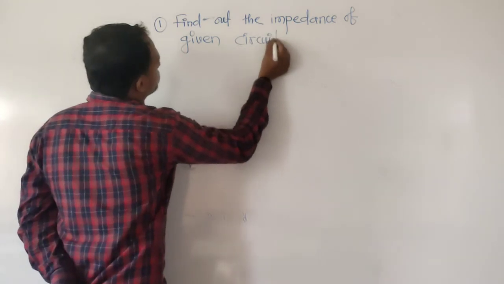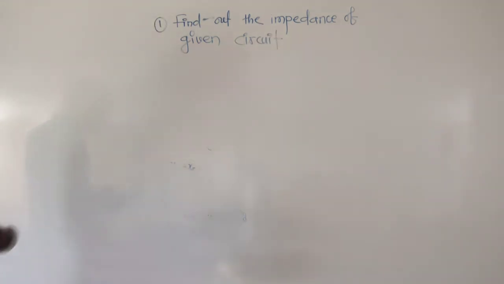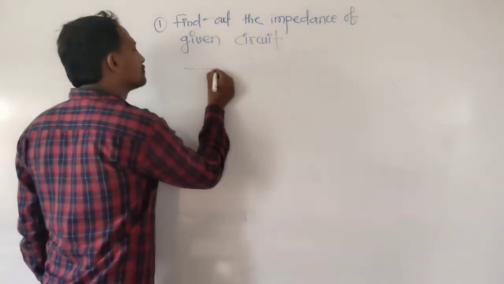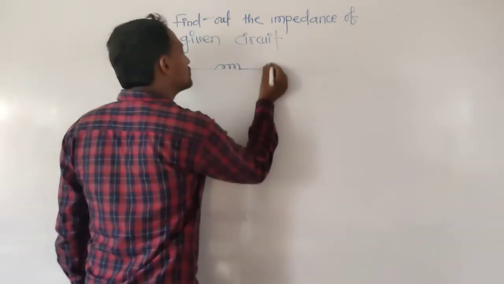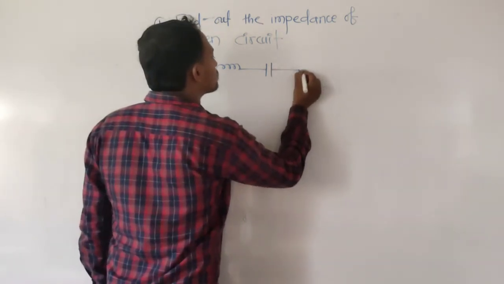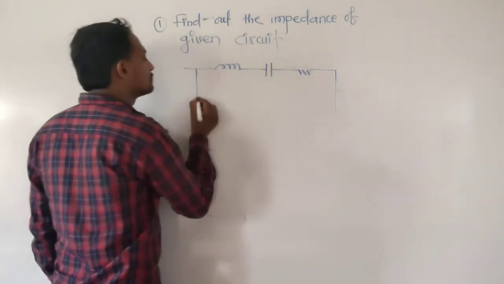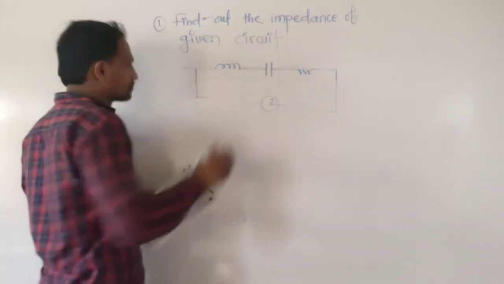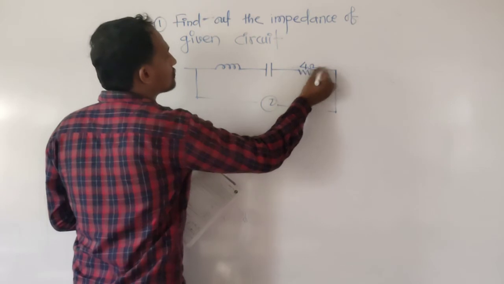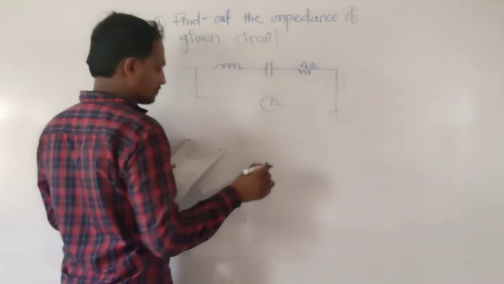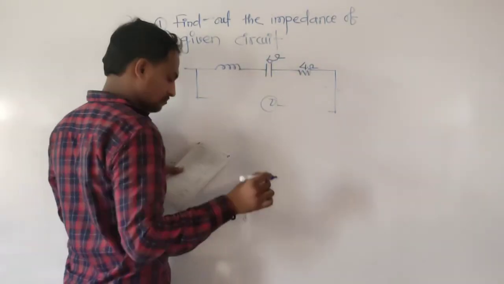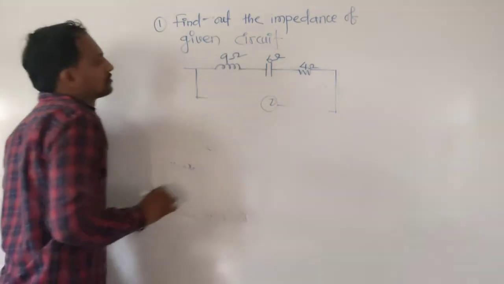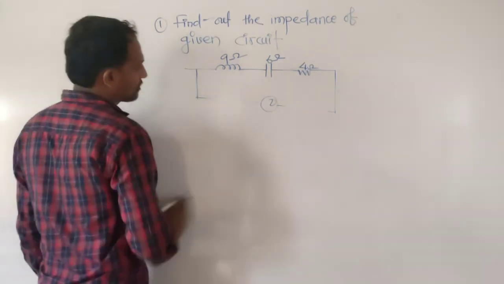How do we find the impedance of the given circuit? The circuit is given like this, a series LCR circuit, with 4 ohm, 6 ohm and 9 ohm.